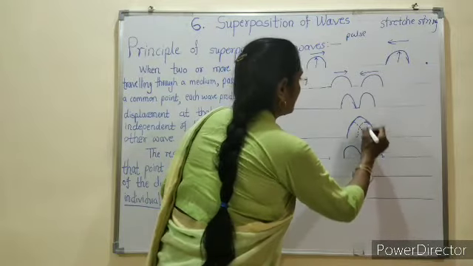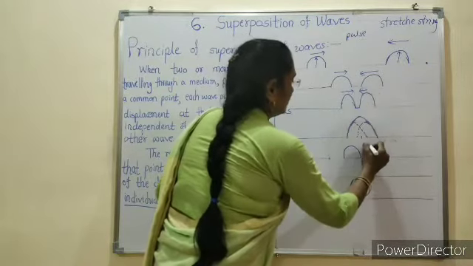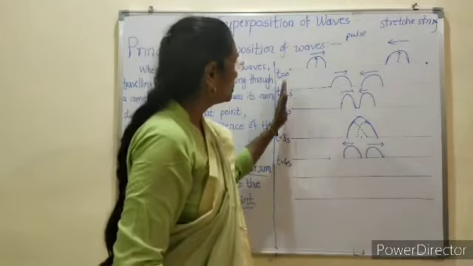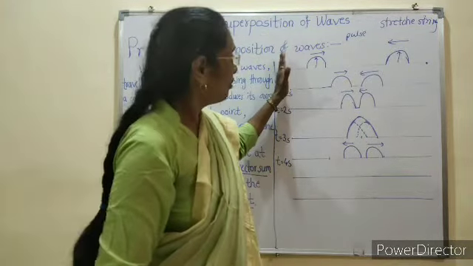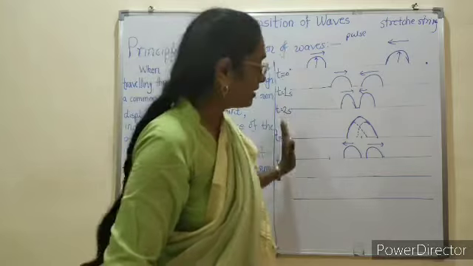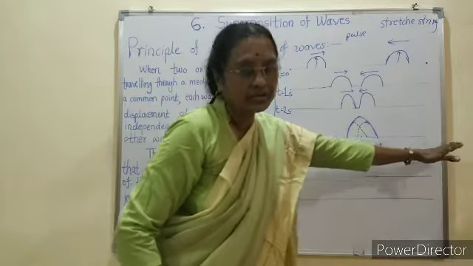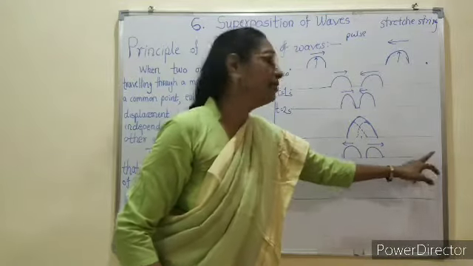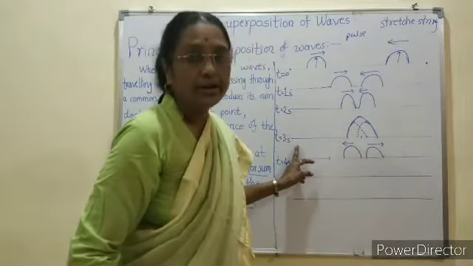Slight separation is there. Here, the pulse which is produced at the left end is passing towards the right, and the pulse produced at the right end is passing towards the left.